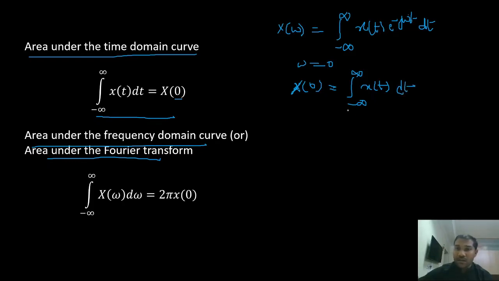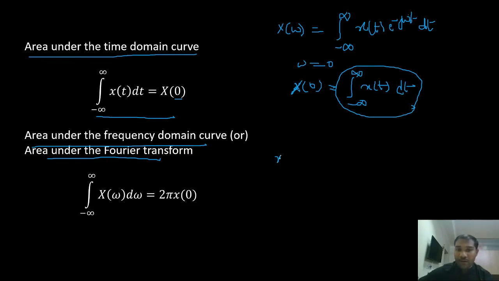So this is nothing but the area under my time domain signal, and that is equal to the Fourier transform at omega equals 0, X of 0. Similarly, I can prove the area under the Fourier transform curve, the frequency domain curve.